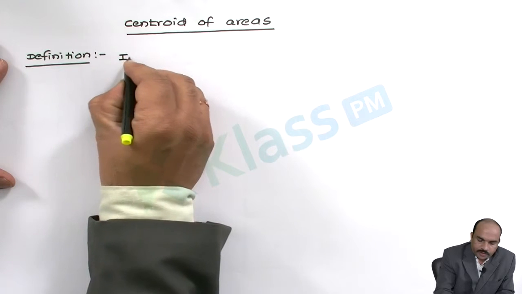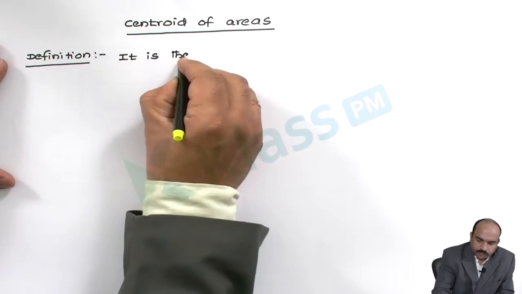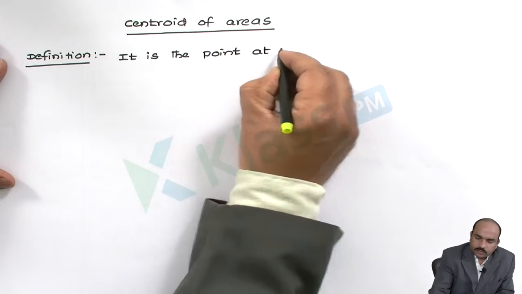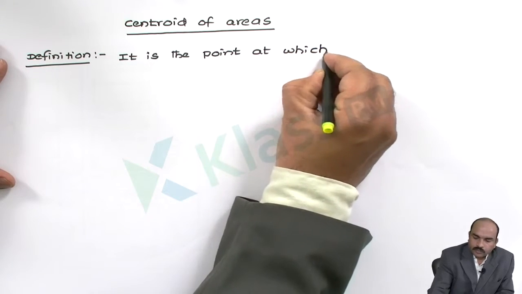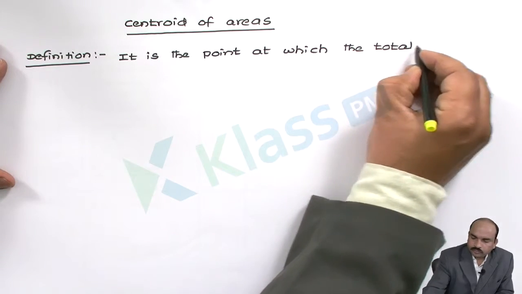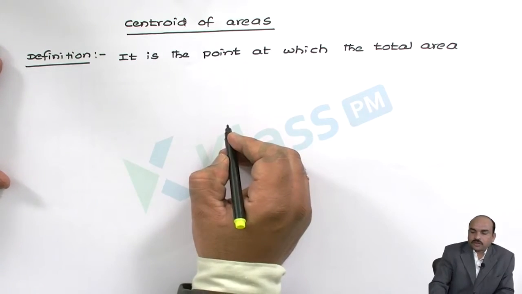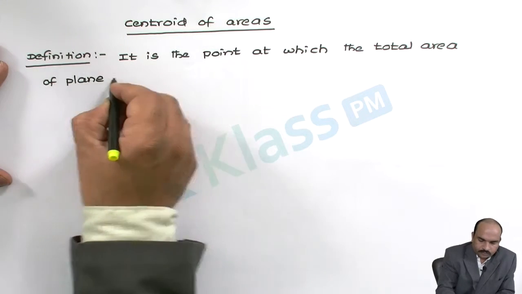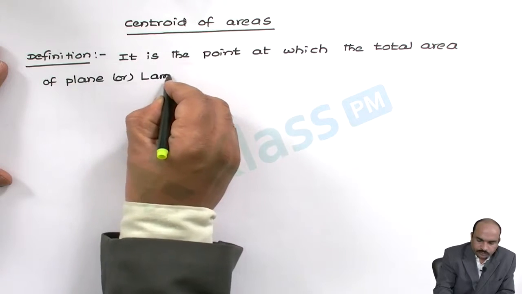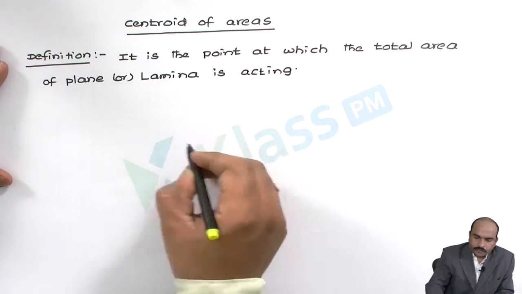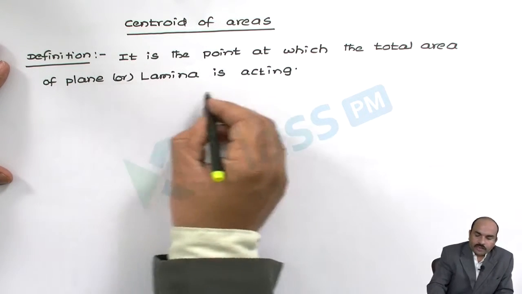It is the point at which the total area of plane or lamina is acting.